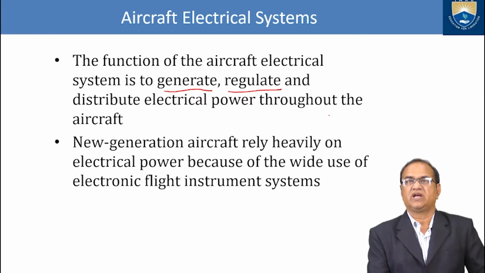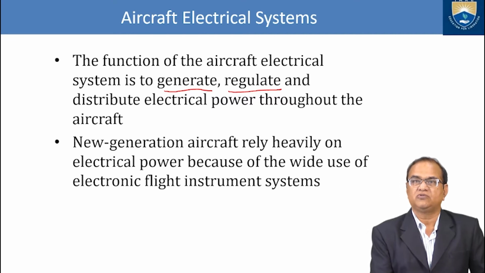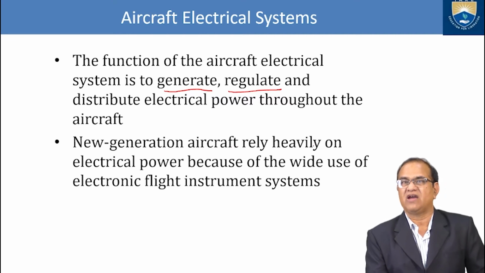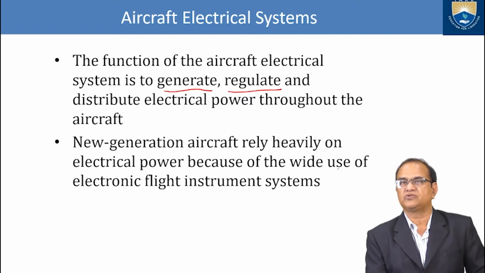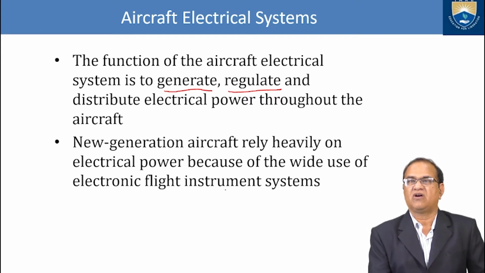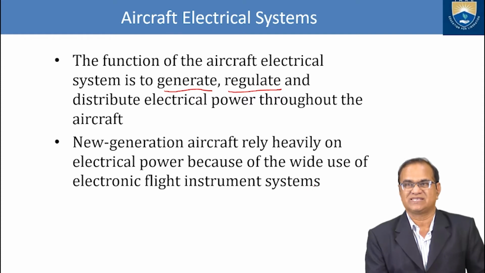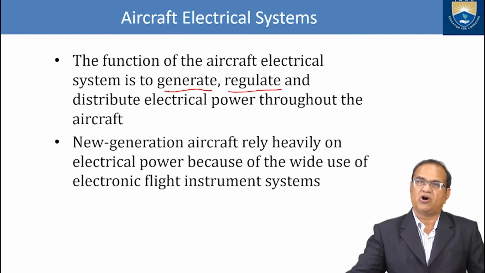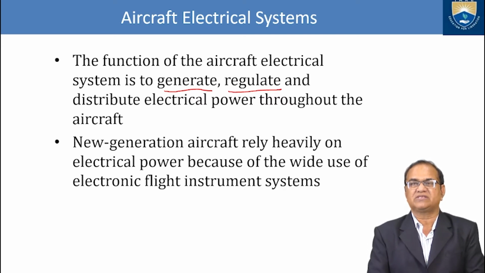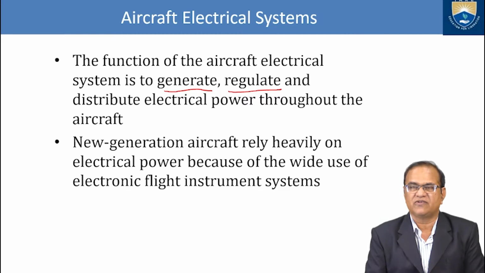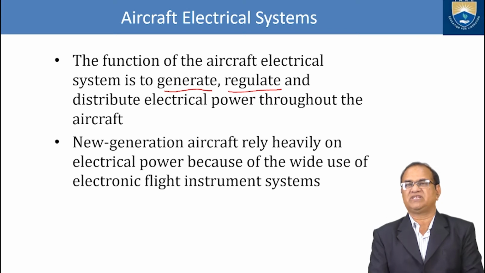Now, new generation aircraft rely heavily on electrical power because of the wide use of electronic flight instrument systems. Modern aircraft rely heavily on electrical power because we have different types of avionic equipments. They need different types of powers. Some need AC, some need DC.